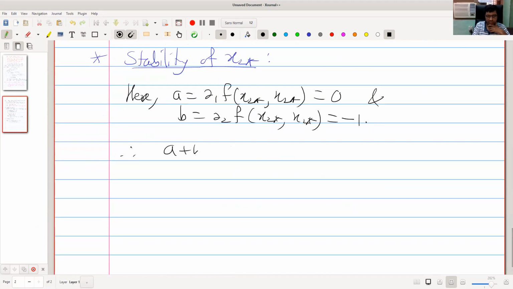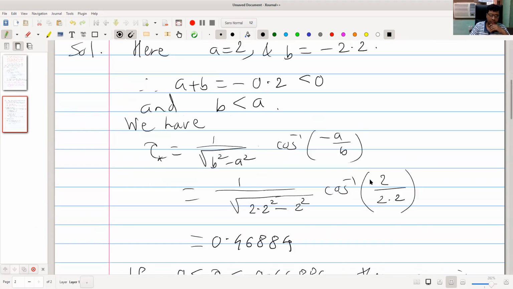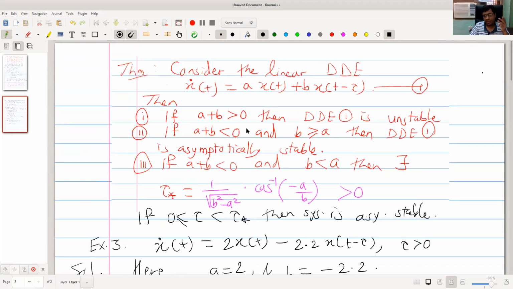Therefore, what is a plus b? a plus b is minus 1, negative.